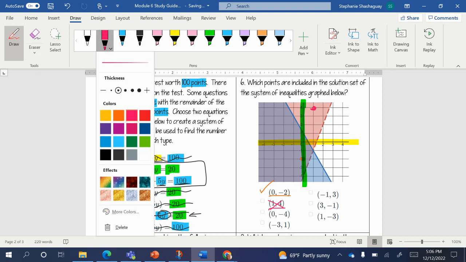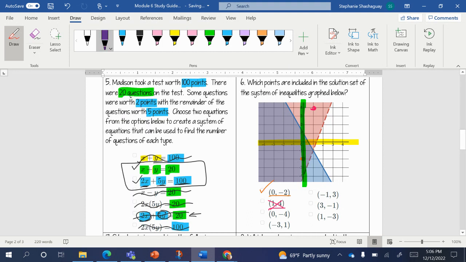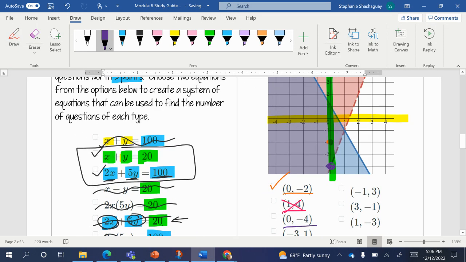Okay, moving on to purple. If I have 0, -4, well, I'm 0 on the x-axis, -4 on the y-axis, I am right here. Well, the problem with that point is it's falling on the dotted line.